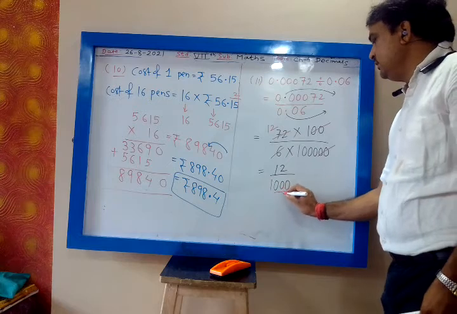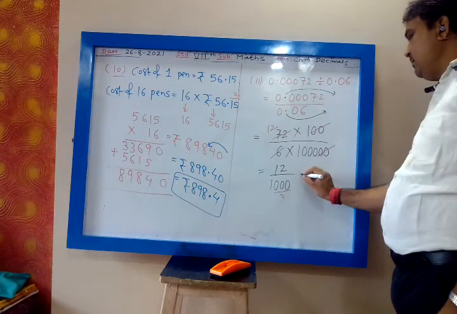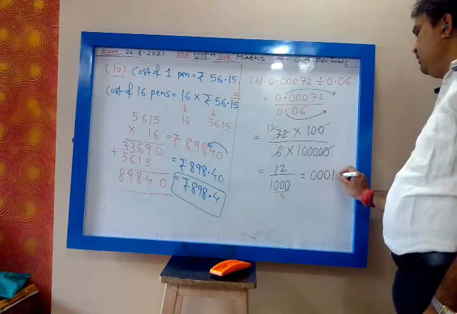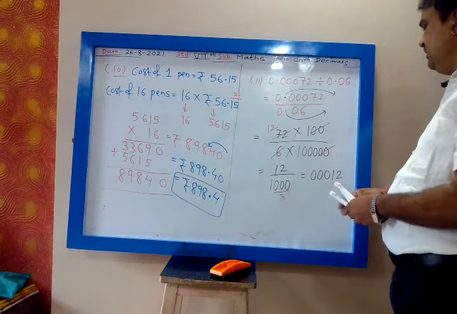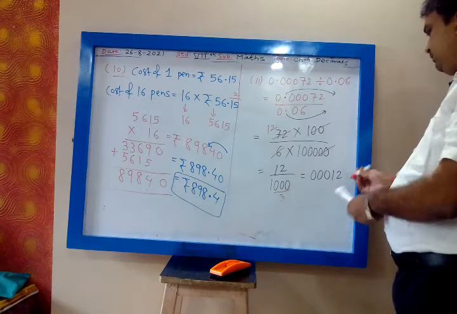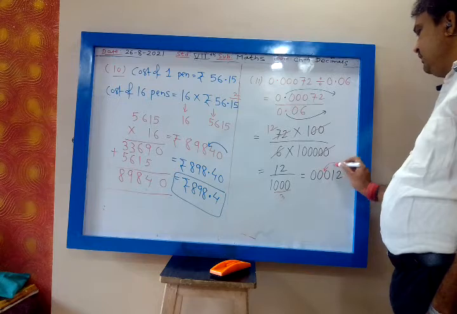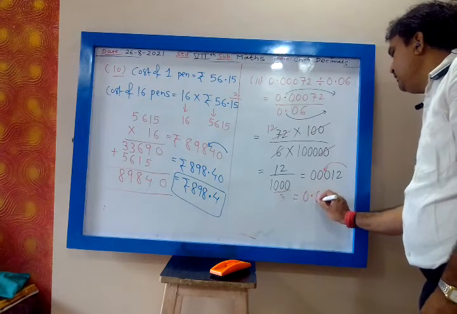There are 3 zeros. So 12 I will write as 00012. Then place the decimal after 3 digits: 1, 2, 3. The decimal will come there. So the answer is 0.012.